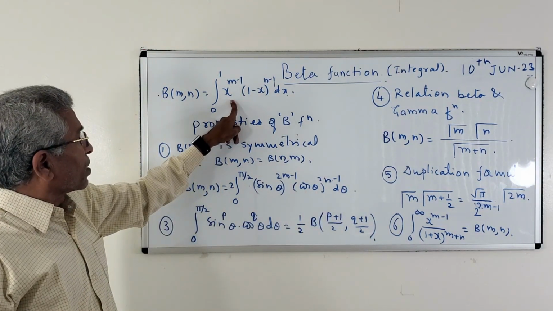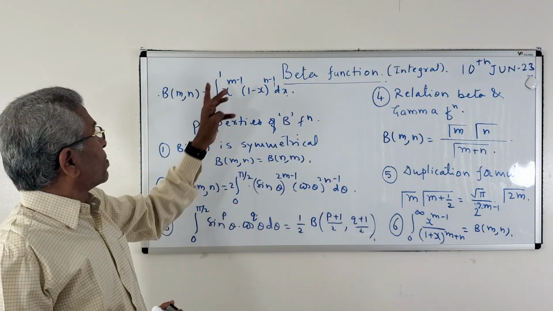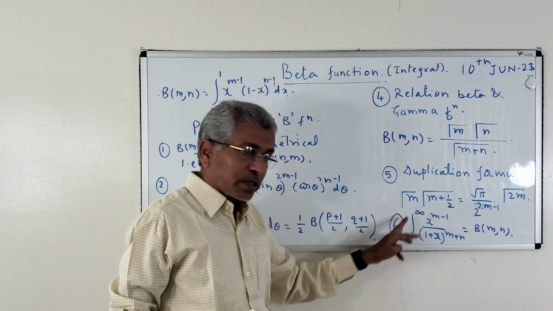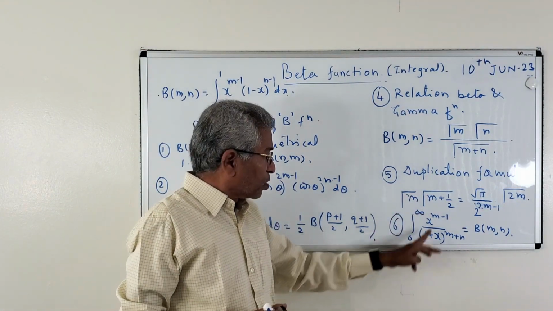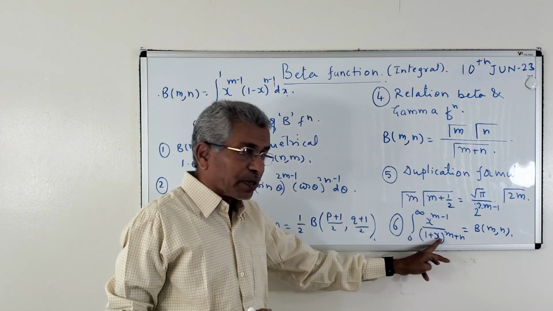This is the first definition and this is the second definition. If we compare, suppose limits are 0 and infinity, you ignore the powers, then you will get x upon 1 plus x.